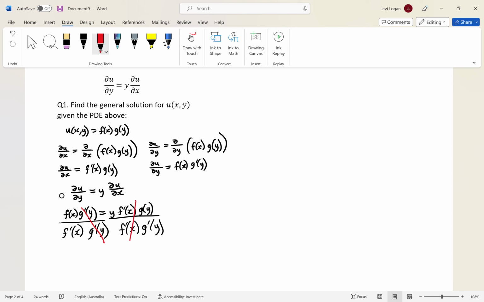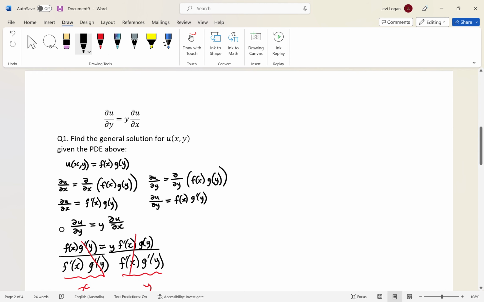And by doing that, we have this whole side in terms of x and this whole side in terms of y. Right? So rewriting that, we have f of x divided by f prime of x is equal to y times g of y divided by g prime of y. Okay, so we have x and y separated.